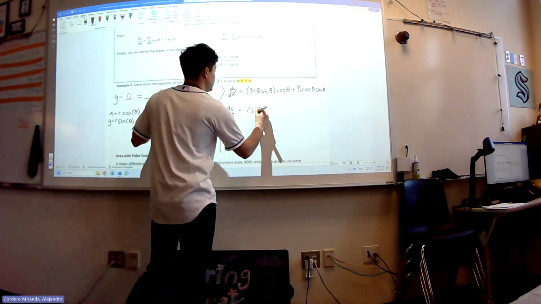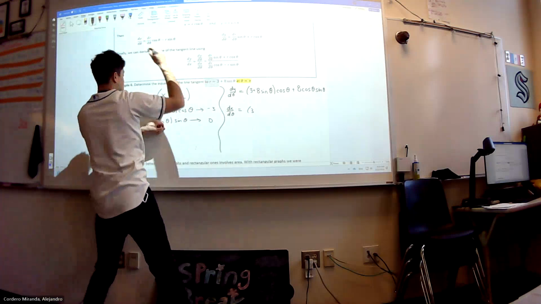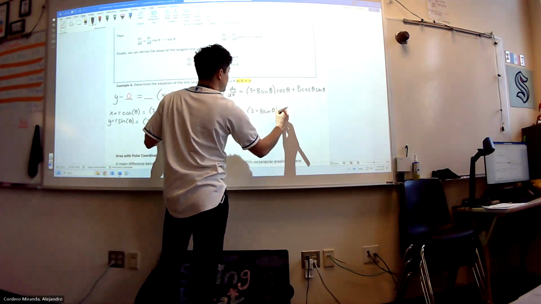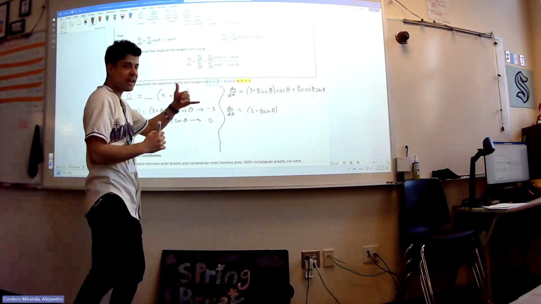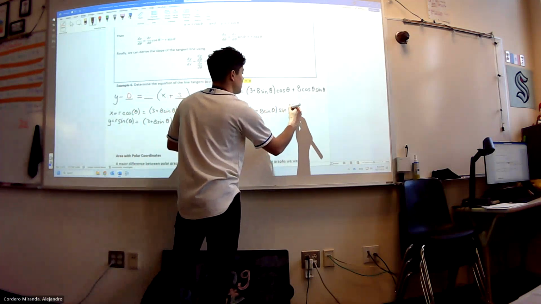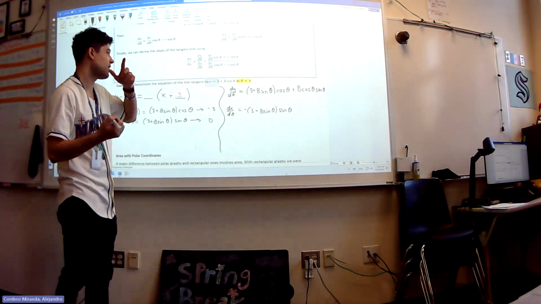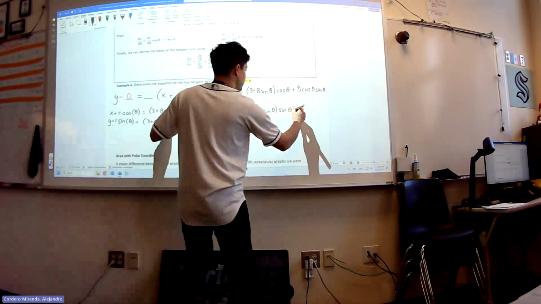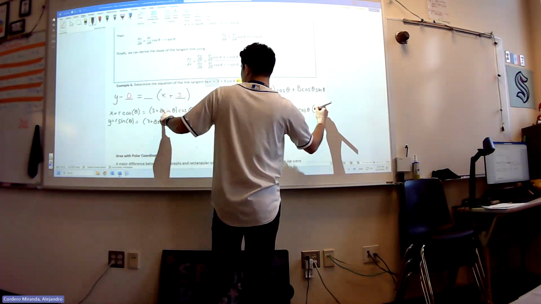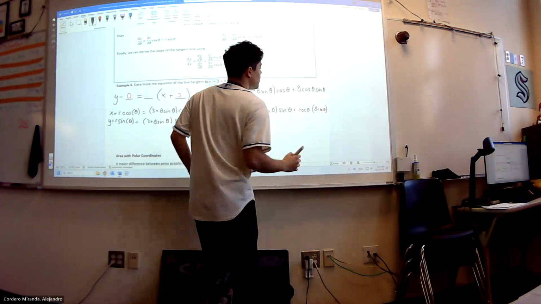First left alone times derivative of the second, which would be negative sine. Let me put the negative here so it looks cleaner. And then plus second times derivative of the first, which would be a cosine. Nice.